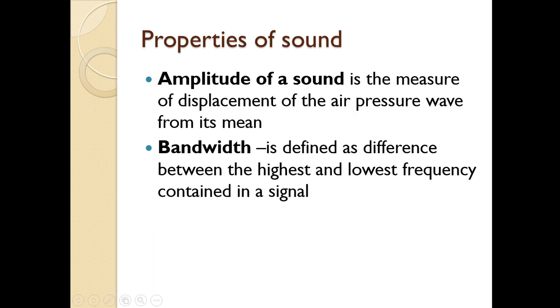Finally, bandwidth is defined as the difference between the highest and lowest frequency contained in the signal. We can get the bandwidth by considering the highest frequency and lowest frequency in the signal.